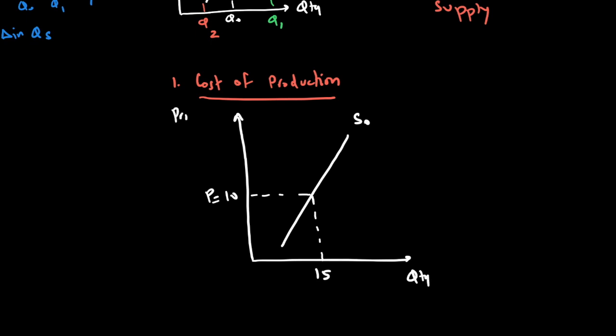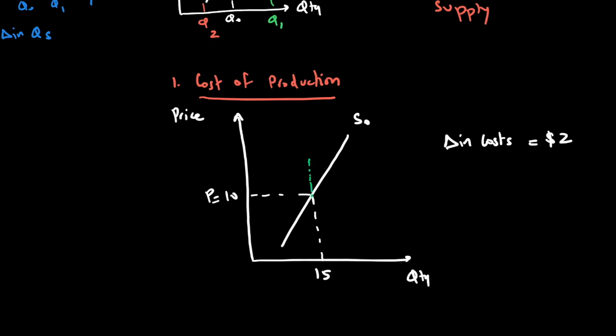Okay, and let's say the cost is rising by $2, so there's a change in cost of $2. So what will happen if there's a change in cost? Well, for $10 if they were making 15 units, now for the same 15 units they will incur a cost of $12.